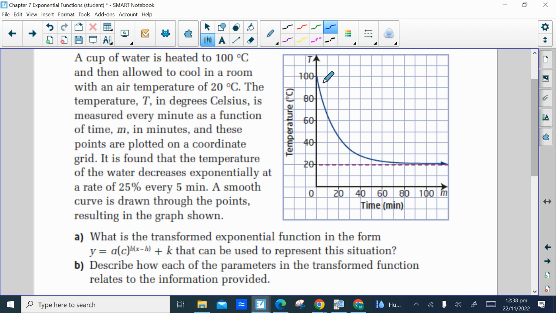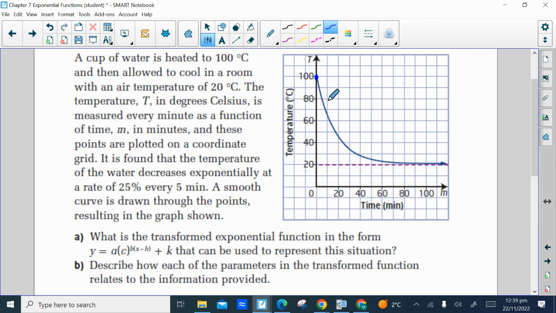So you can see that we start at a temperature of 100 degrees, and after 5 minutes, which would be right here on the graph, the temperature will be cut by 25%, which means it would maintain 75% of its temperature. So at 5 minutes, it'll be 75% of 100 degrees, which will be 75 degrees.